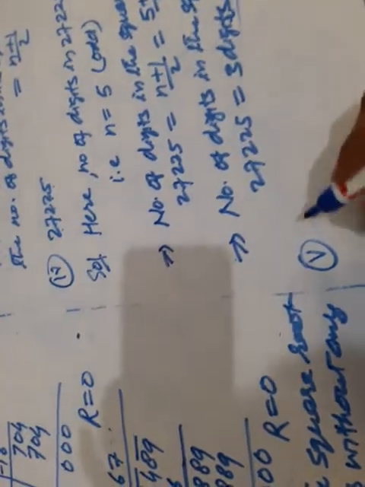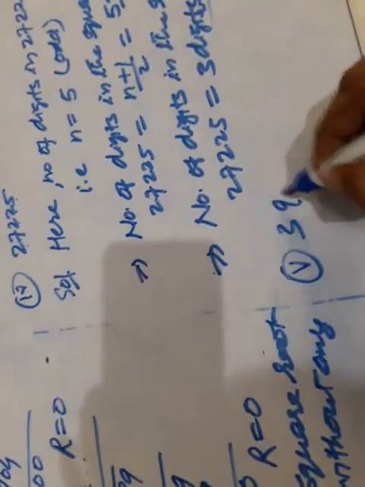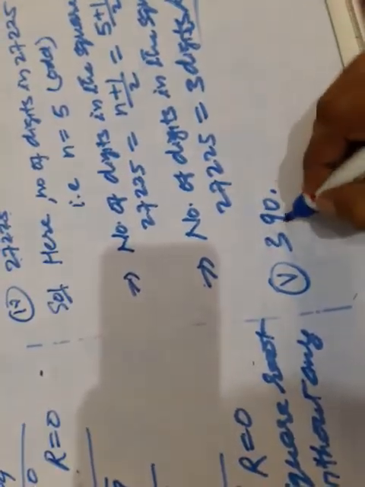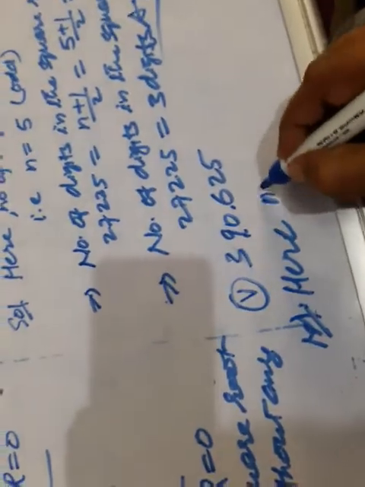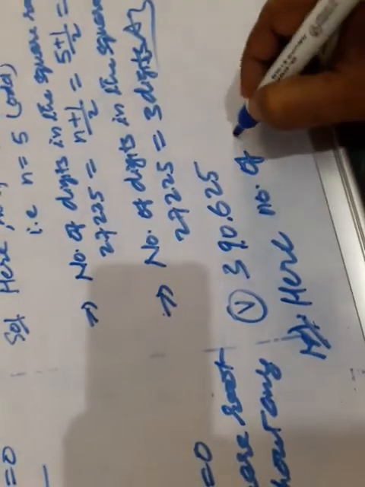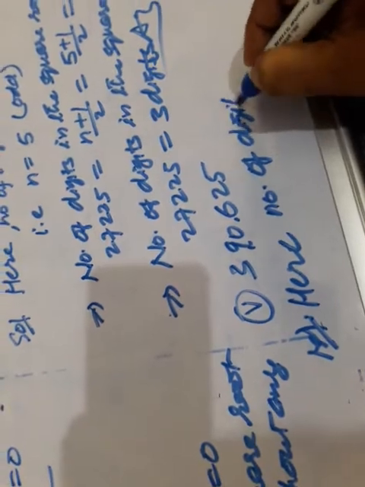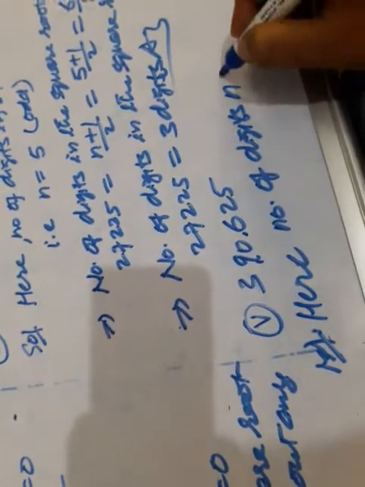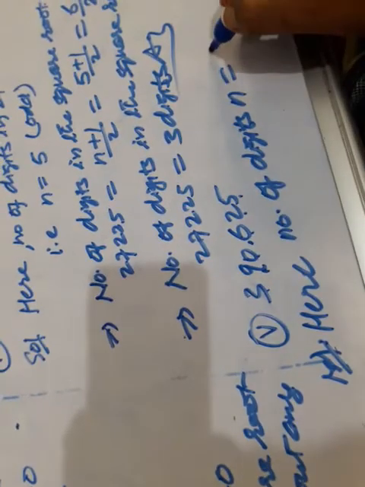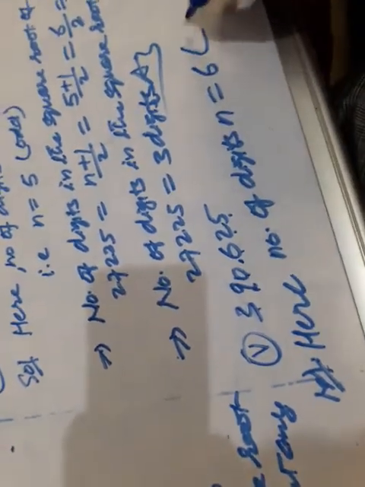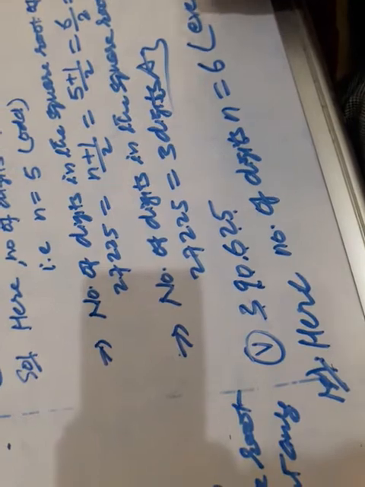What is the fifth part children? The number is 3,90,625. Children, here start solving. Here the number of digits n equal to 1 2 3 4 5 6. Here n equal to 6 children. Here 6 is even.